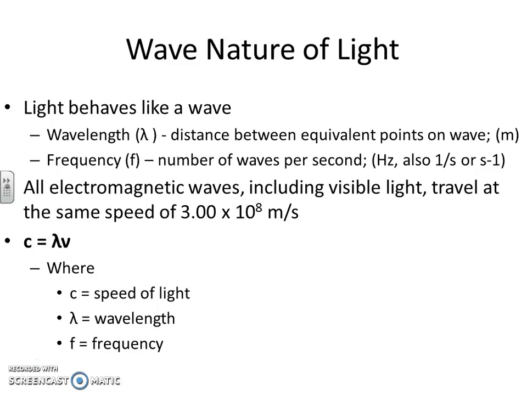It's extremely fast. The frequency is the number of waves per second. So it's counting how many complete waves pass in 1 second, which can be very high or very low depending on how long your wavelength is.